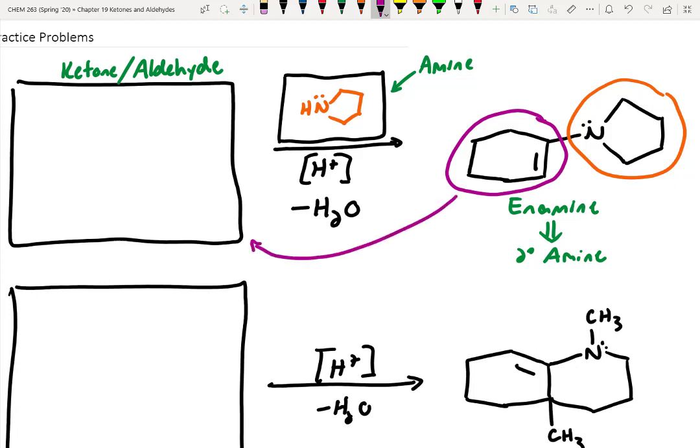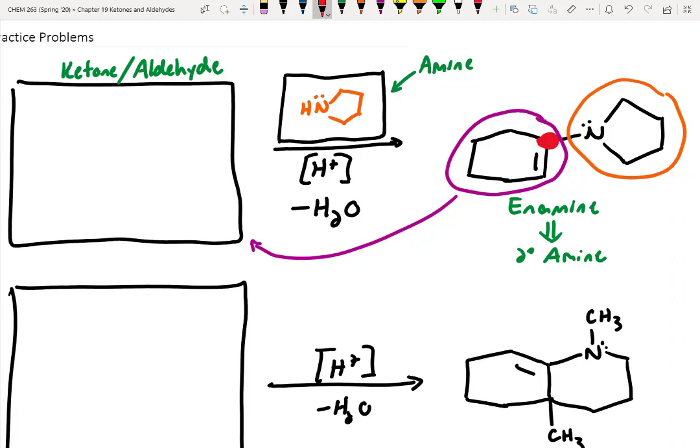So we know it must have some sort of six-membered ring in it. All right, I'll show you another trick too. And that trick is identify the carbon that is bonded to nitrogen that is also participating in some sort of pi bond. So in this example, this carbon right here that I've highlighted and marked in red, that's the carbon that's bonded to nitrogen, and it's also participating in a pi bond.